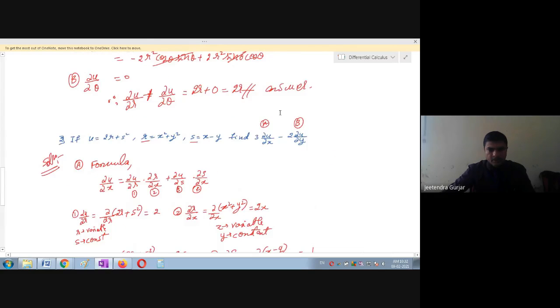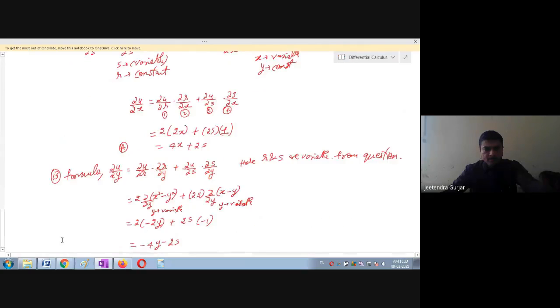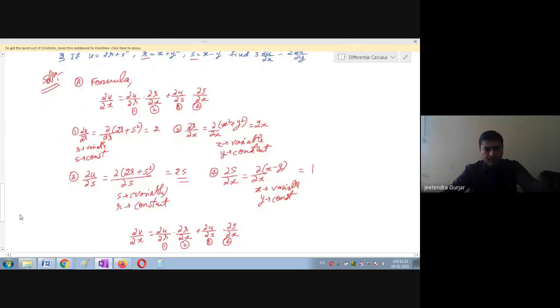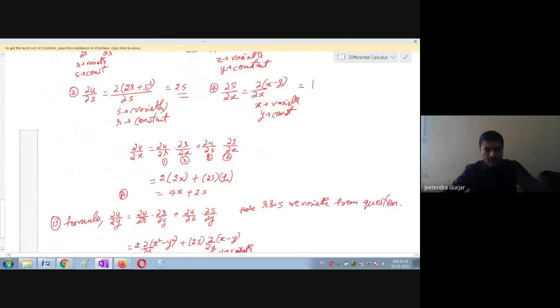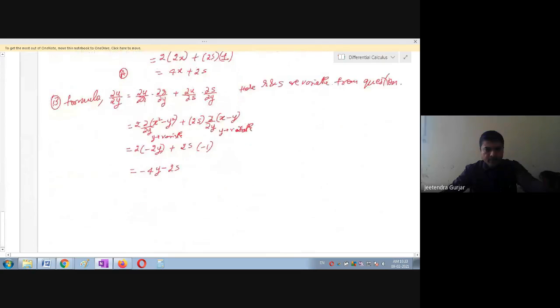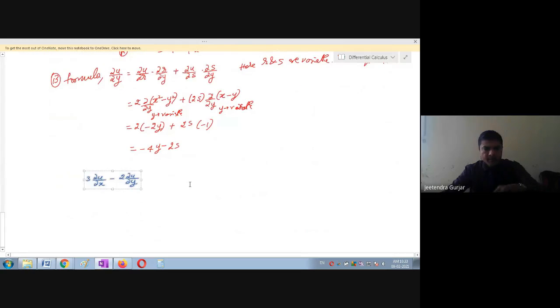So now we will simplify. What is the question they have given here? Just write it down and substitute the values. So now substitute the values here, friends. It's quite easy.